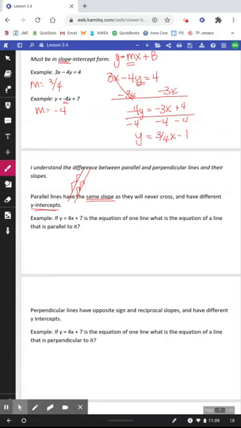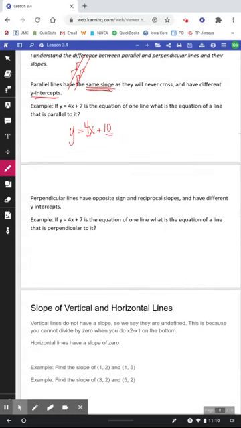For my example, if y equals 4x plus 7 is the equation of one line, what is the equation of a line that is parallel to it? Well, I would just rewrite an equation with y equals, and all I have to keep the same is the slope, so 4x, but I need a different y-intercept, so I could pick anything. I'm going to pick 10. I could have picked 8, I could have picked negative 40. The key part is that the slope stays the same, but the y-intercept is different.